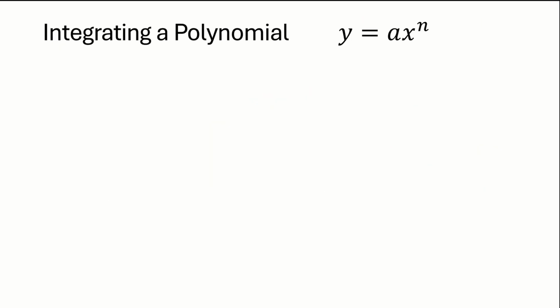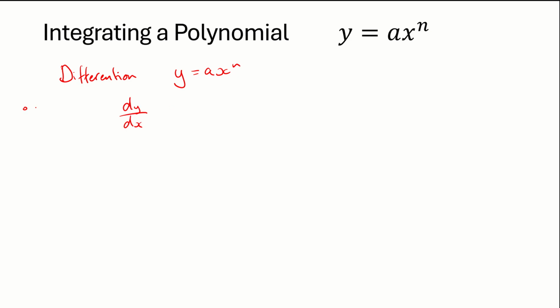But let's look at how we integrate a polynomial. Remember, we looked at how to differentiate polynomials before. So now we want to integrate polynomials. So what were the two rules for differentiation? If we want to differentiate a polynomial, something that looks like y is equal to ax to the n, do you remember what we did?